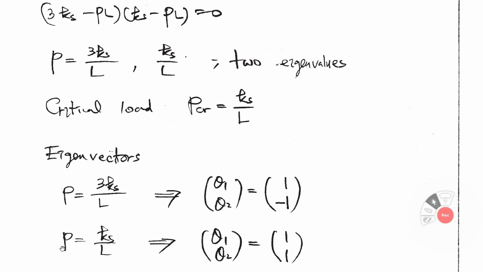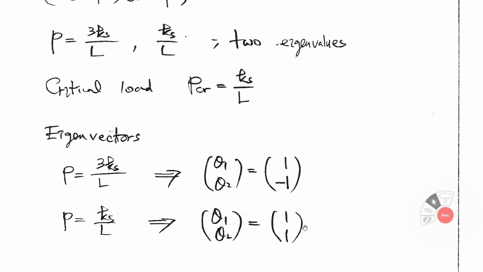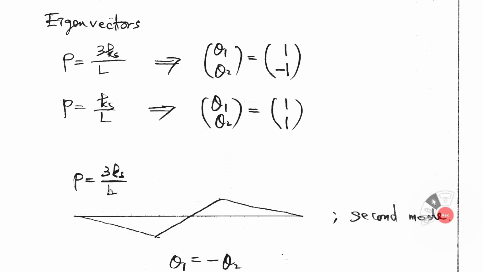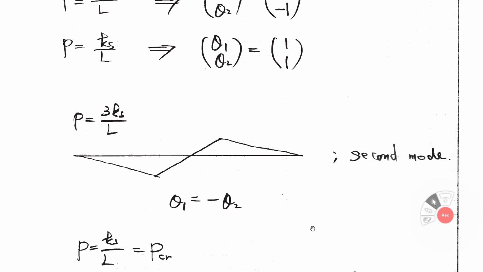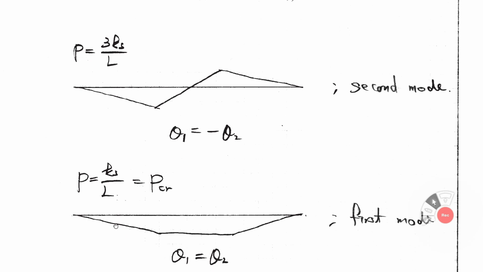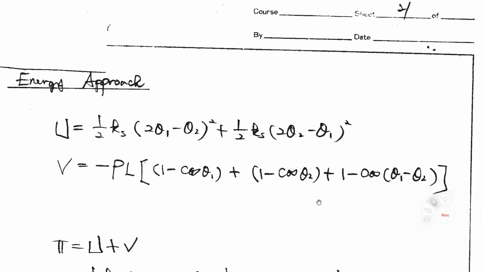For the other eigenvalue, P equals Ks over L, plugging into the equations above, you can get theta 1, theta 2 equals 1, 1. Okay? So if P equals 3Ks over L, theta 1 equals 1 in this direction, and theta 2 equals minus 1, the opposite direction, like that. That is the second mode shape. The first mode shape is this one: theta 1 and theta 2 are identical, so the same direction, corresponding to our assumption. That is the first mode.